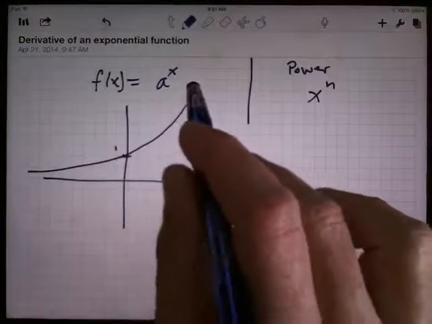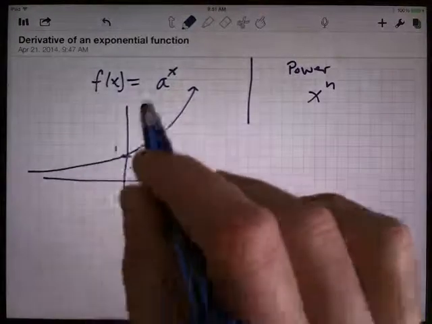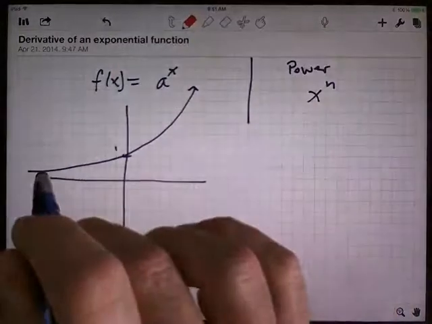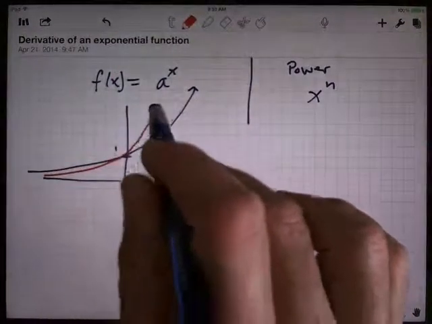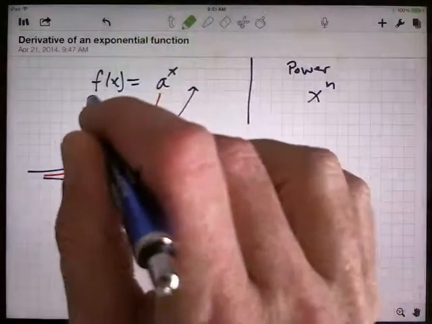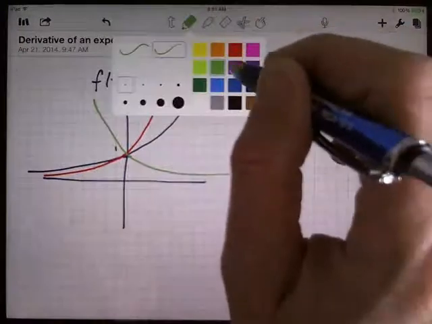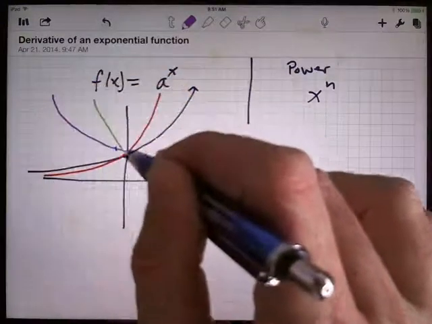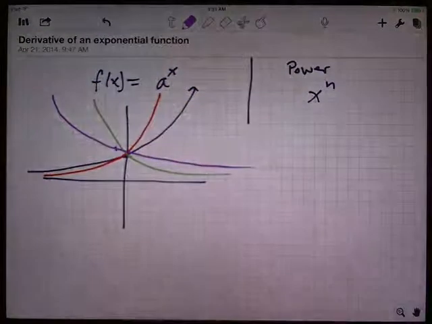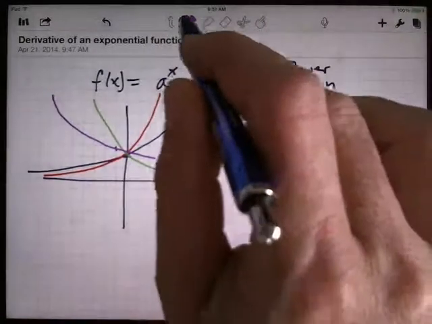In general, they look like this, or like this, or like this, or maybe this. Depending on the base, they're either opening up faster or slower, or maybe they're going down.